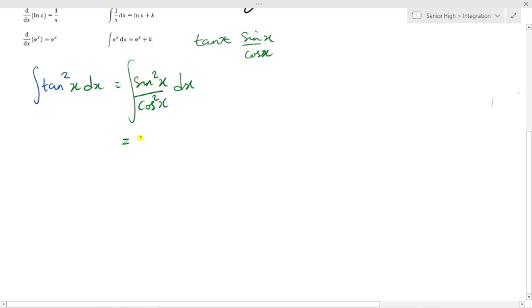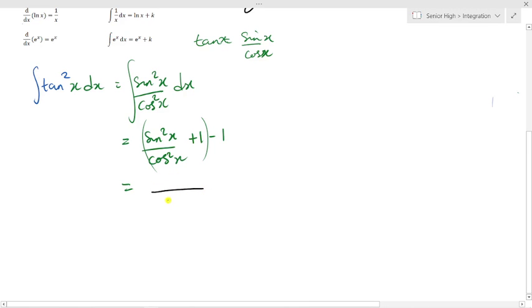I can still transform this even more, and I can bring in plus or minus 1, which is still the same thing. It's like saying sine square x over cos square x plus 1 minus 1. And when I solve this part separately, I have sine square x plus, now I can find the LCM.